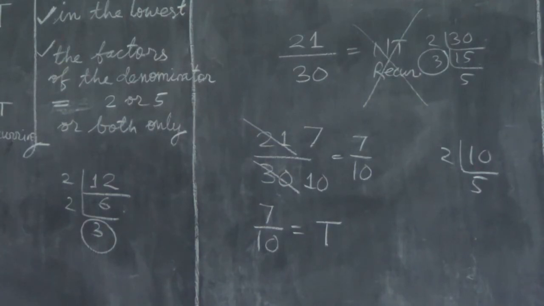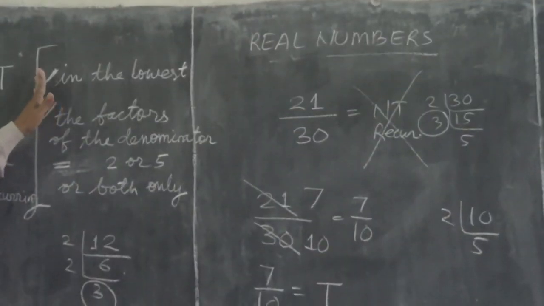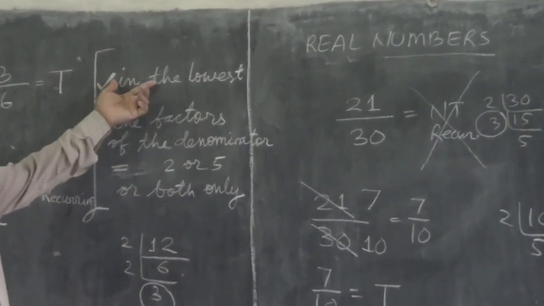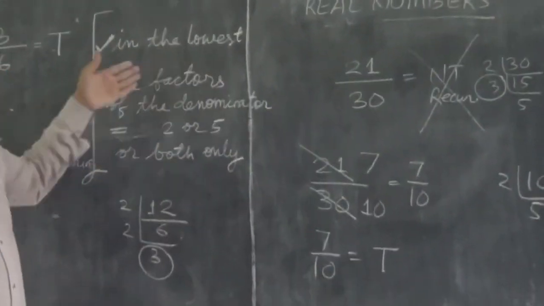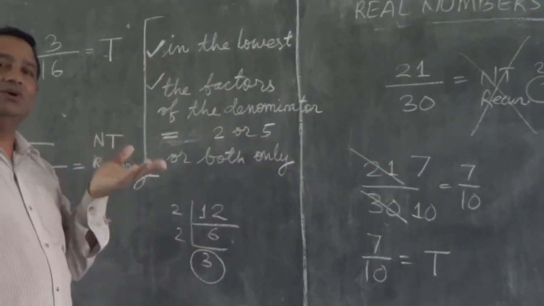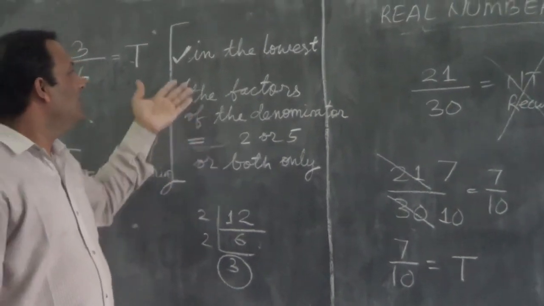If it is already in the lowest term, no problem, directly see the factors of the denominator. If it is not in the lowest term and you apply this second rule, it may go wrong.